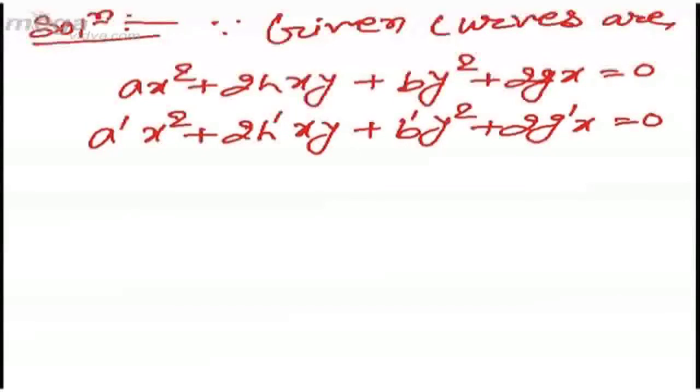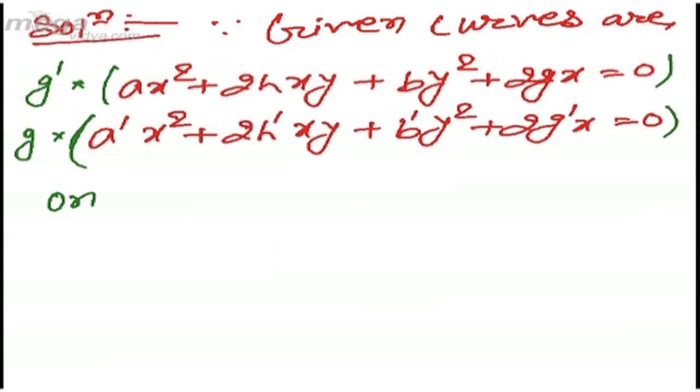If you multiply the first equation by g dash, and the second equation by g, and subtract these two, then what will you get? See, 2g g dash x, 2g g dash x, both will get cancelled. So after multiplying g dash with the first equation and g with the second equation, we will subtract.